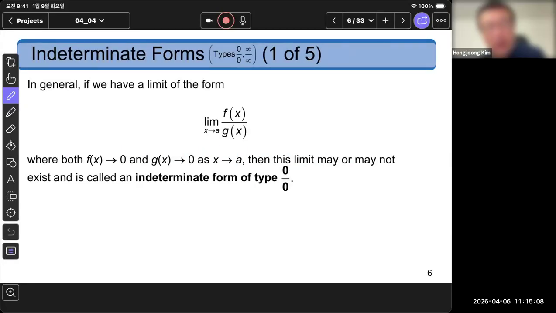So given two functions, f of x and g of x, suppose that I want to consider the limit as x approaches a.